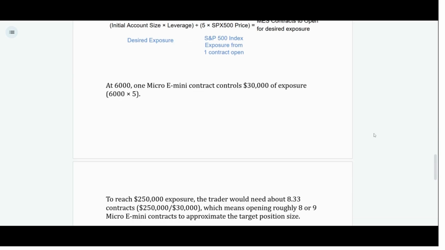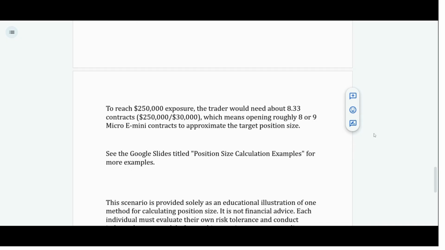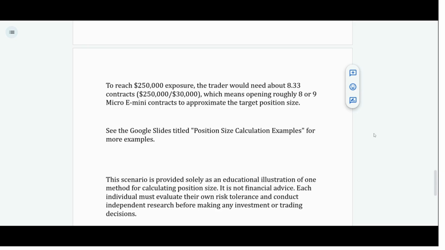To reach $250,000 exposure, the trader would need about 8.33 contracts, 250,000 divided by 30,000, which means opening roughly 8 or 9 Micro E-mini contracts to approximate the target position size. See the Google Slides titled Position Size Calculation Examples for more examples.